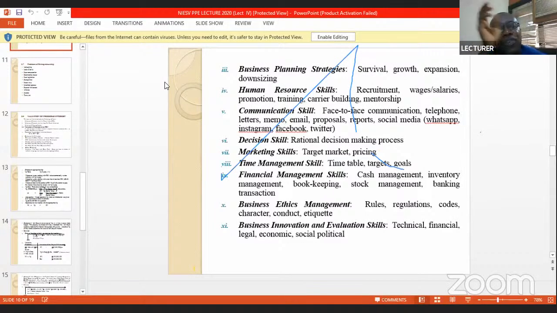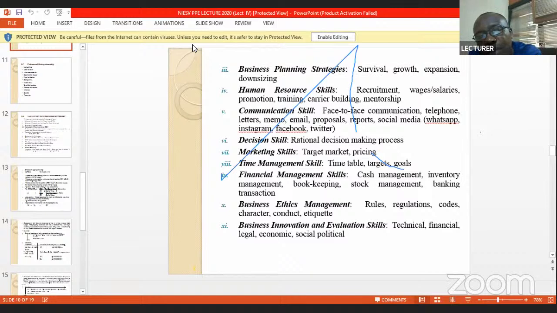If you have raw materials and finished products, and you don't have work in progress, it means that when you finish selling your finished product, there is nothing again to bring out for sales. So in financial management, we maintain a balance between raw material, work in progress, and finished products. You must take that into consideration.